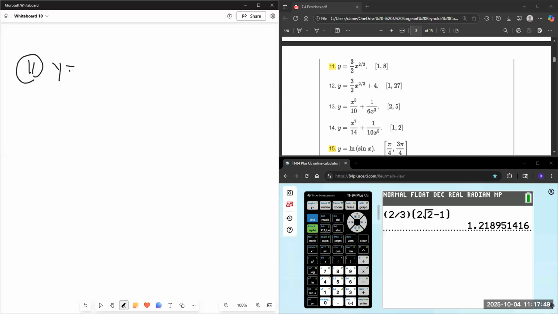11 says y is equal to 3 halves x to the 2/3. And now my interval is 1 to 8. Y prime is equal to 1x to the negative 1/3.